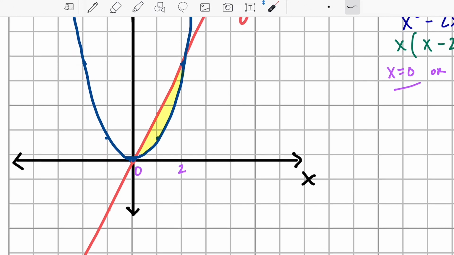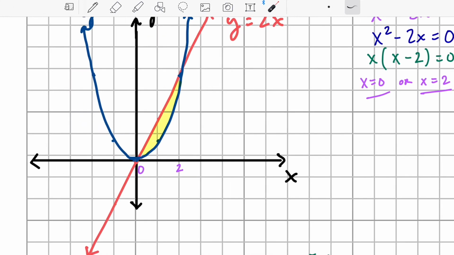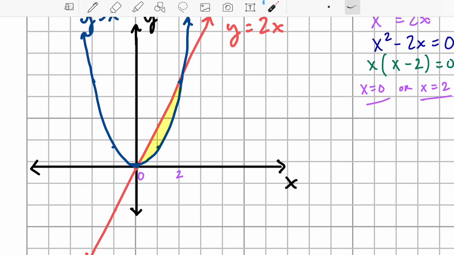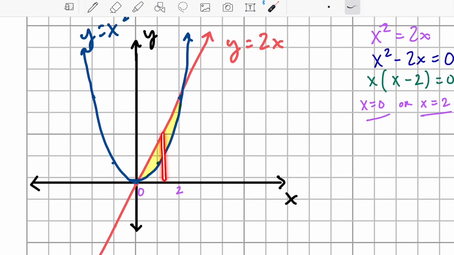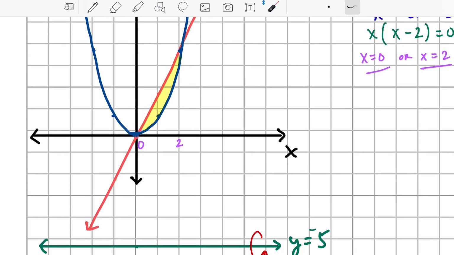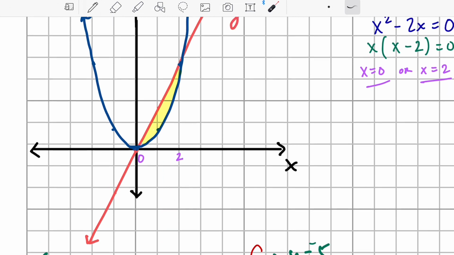So if we were rotating about the x-axis, then it would just be the function 2x. But now we're no longer here on the x-axis. We are way down here. So you have to add that distance.